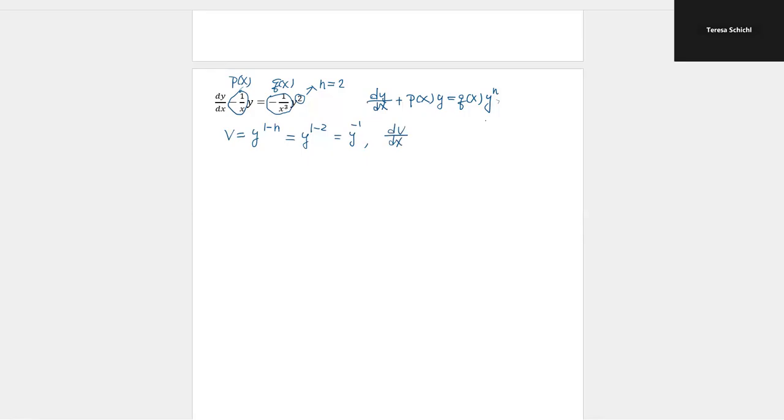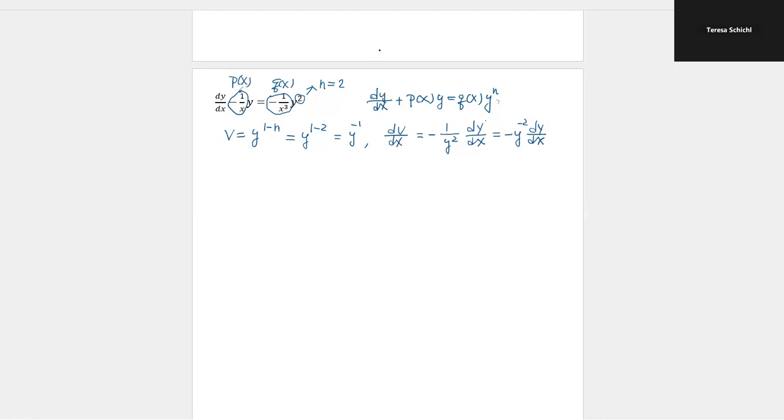So for y to the negative 1, if I take the derivative by the power rule, it will be negative 1 times y to the negative 1 minus 1, so negative y to the negative 2, and because we have dy dx here, it's negative y to the negative 2 dy dx. All right, so this is step number 1.